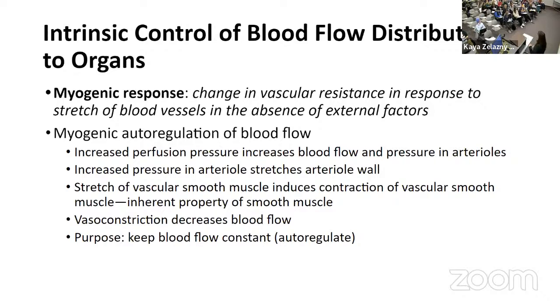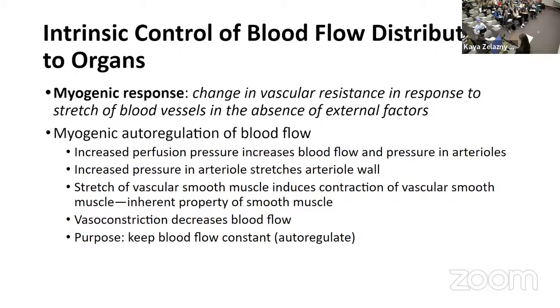So this is really a negative feedback kind of response, right? Because it's a response to an increase in perfusion pressure, so an increase in that delta P, an increase in that pressure gradient that caused an increase in flow. We don't want the flow to increase too much, so the blood vessels bounce back a bit, constricting, leaving us with a hopefully nice kind of steady blood flow instead.